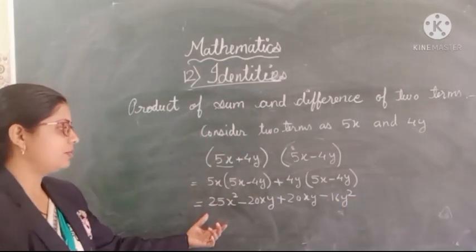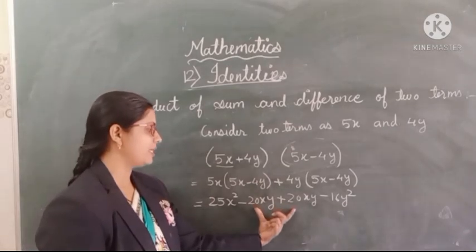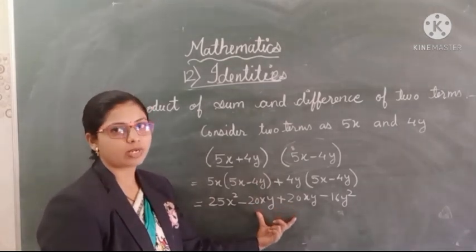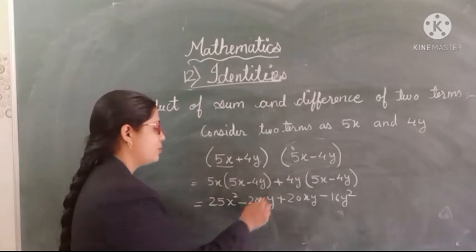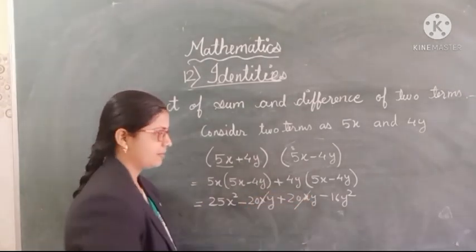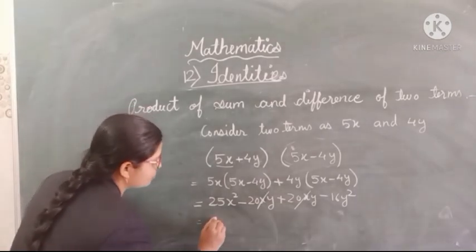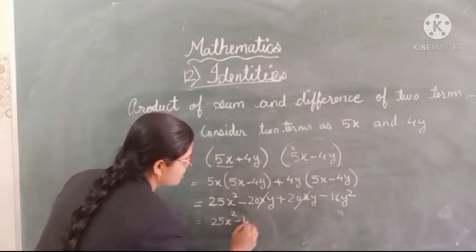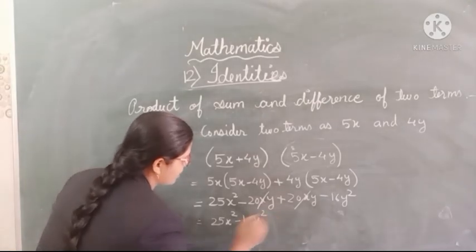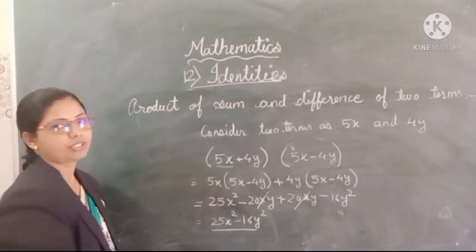Right? Now here we can see plus 20xy and minus 20xy, like terms are there with plus and minus signs, so both will get cancelled. Now what is remaining? 25x square and negative 16y square. This is our answer to this question.